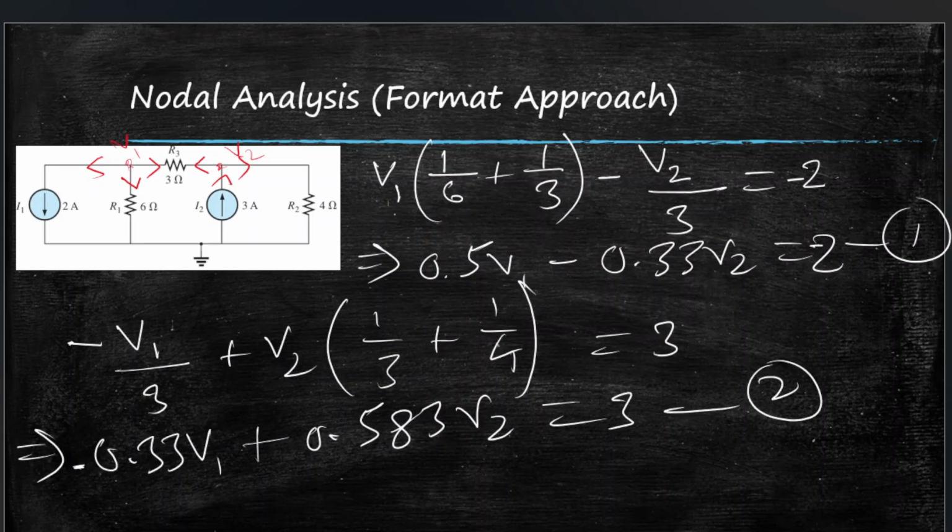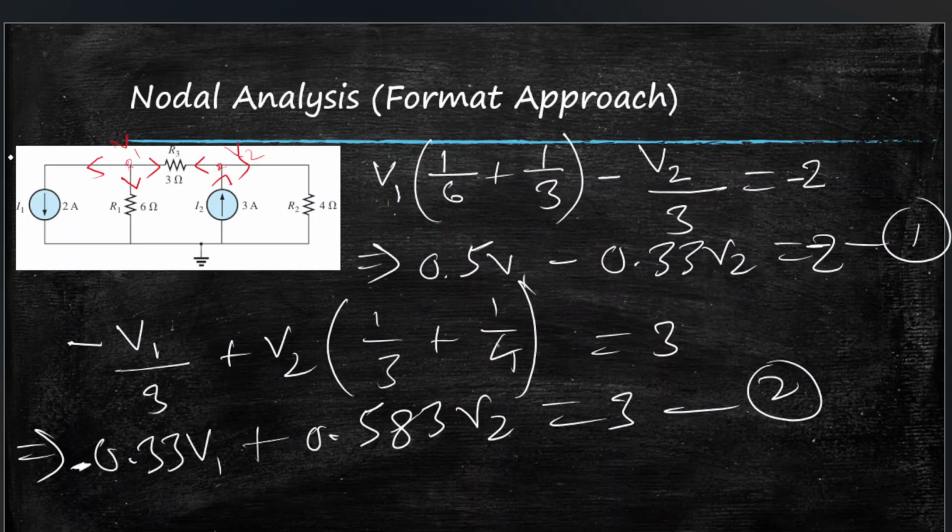Now plug it in the calculator. 0.5 minus 0.33 equals minus 2, then minus 0.33 and plus 0.583 equals 3.